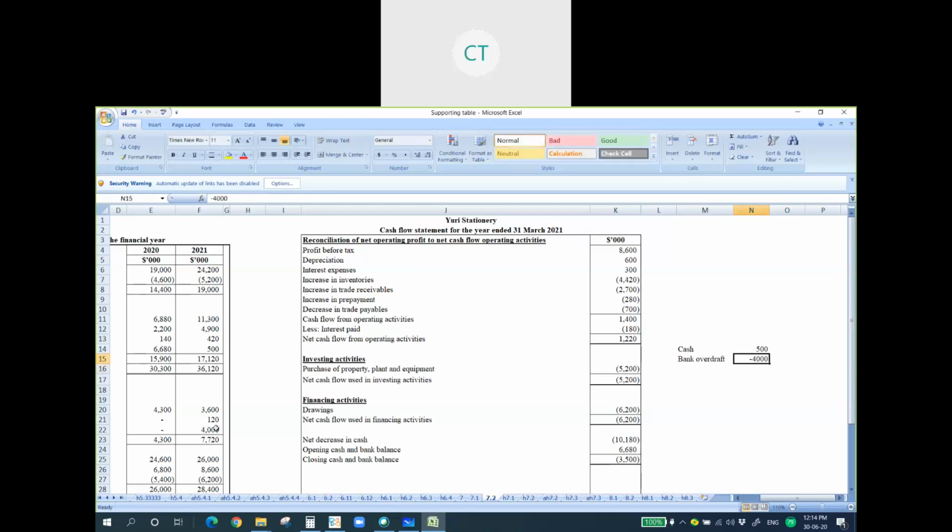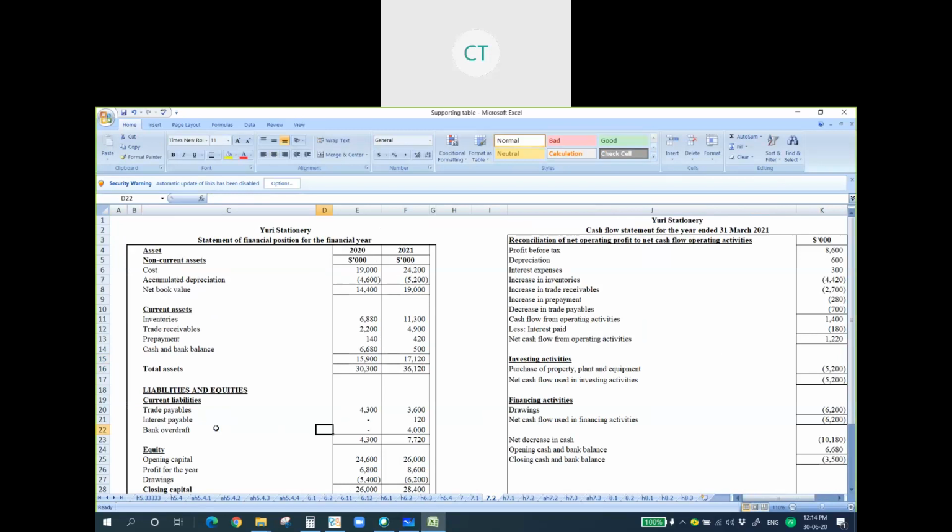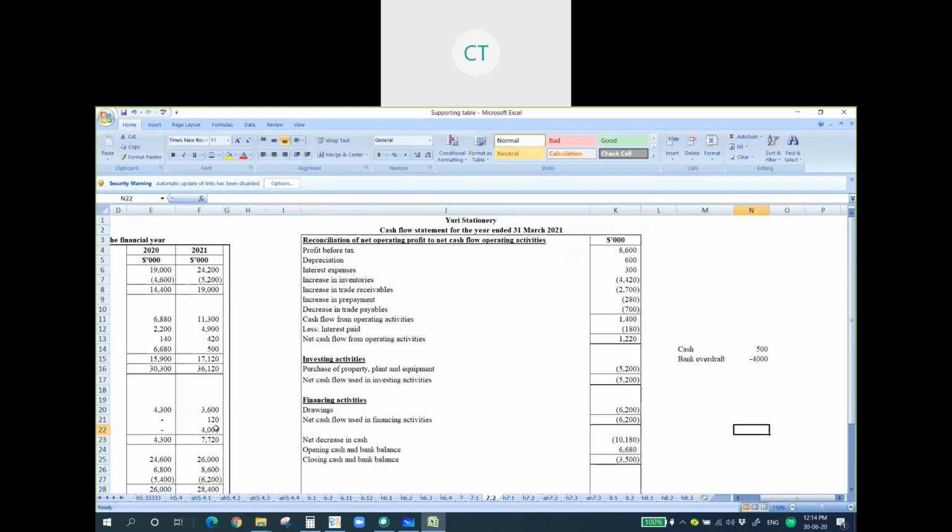How do I get 4,000? Here. And bank overdraft is a borrowing, so we put negative. So the net amount is negative 3,500, which matches your closing cash and bank balances. If you can match the amount, meaning that your answer is correct. So that's all for your class exercise 7.2.